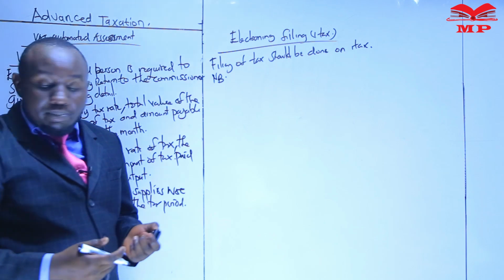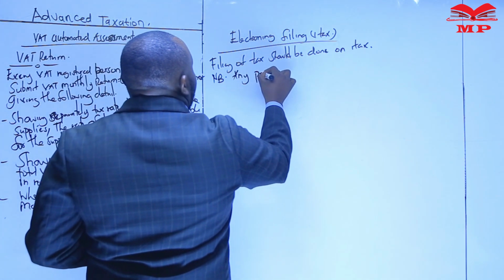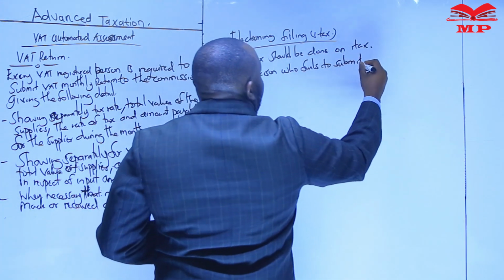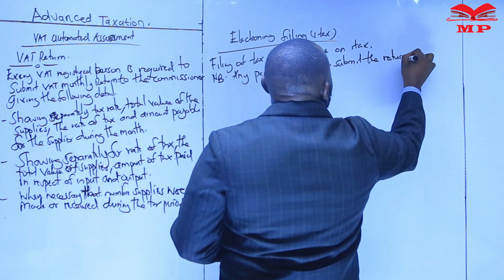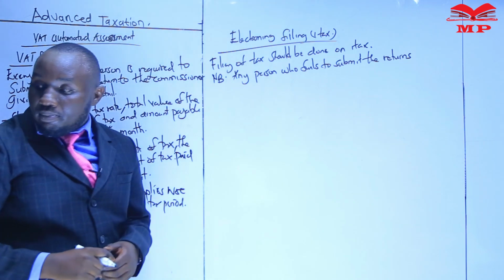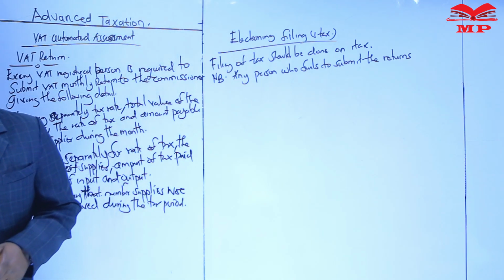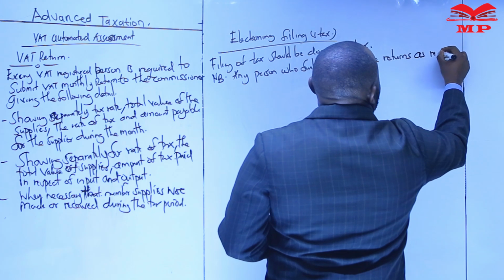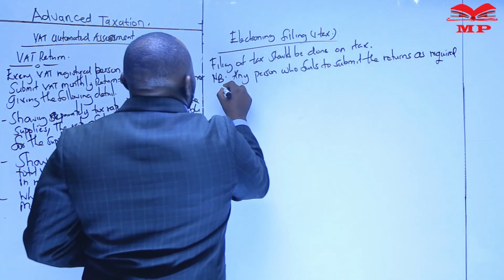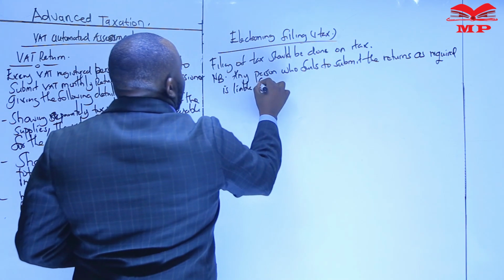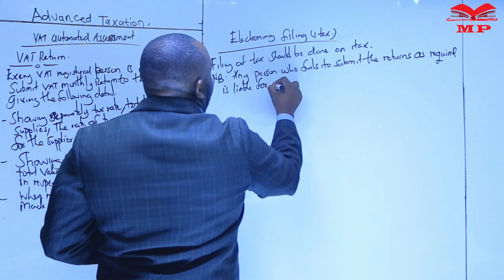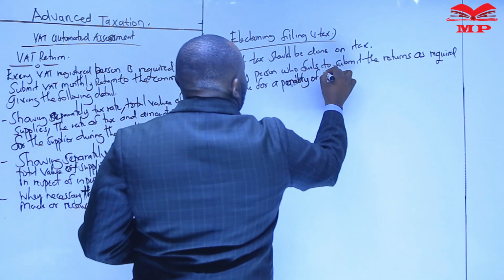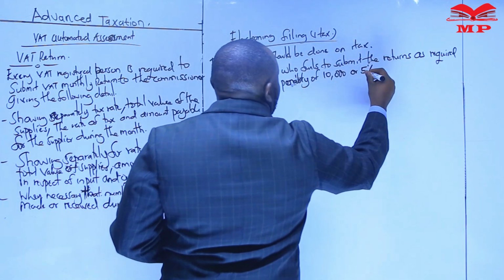Any person who fails to submit the returns as required is liable for a penalty of 10,000 or 5% of the tax due, whichever is higher.